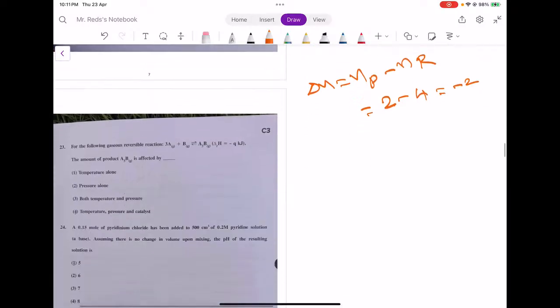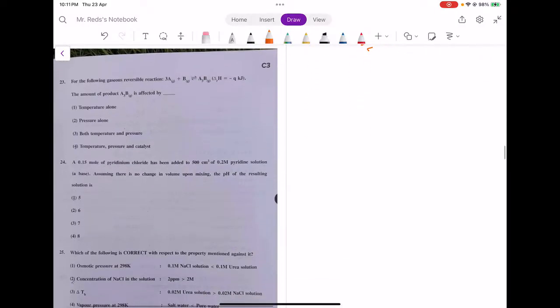Next, go to question number 23. The following is a reversible reaction: 3A plus B gives rise to A3B.